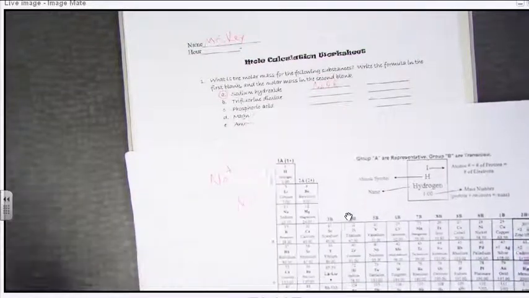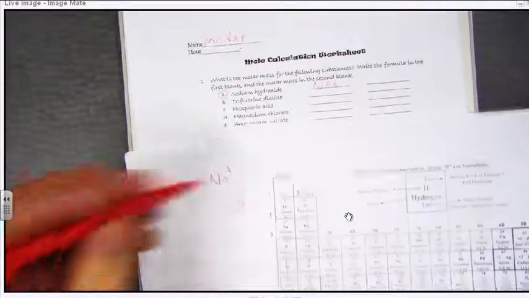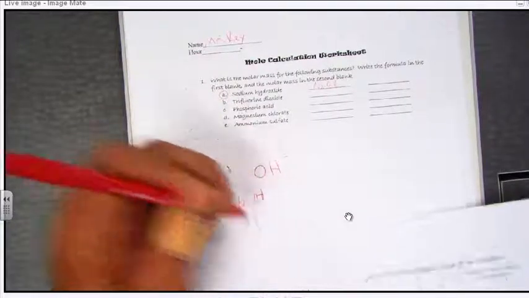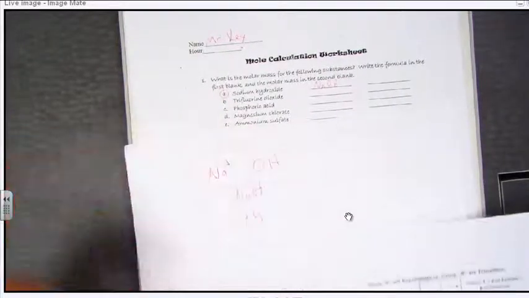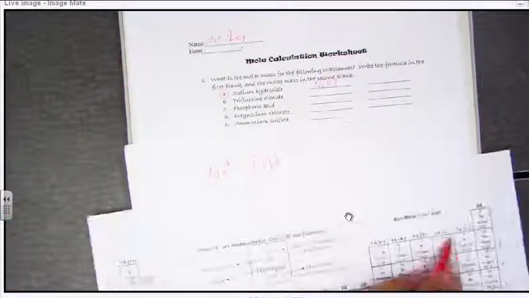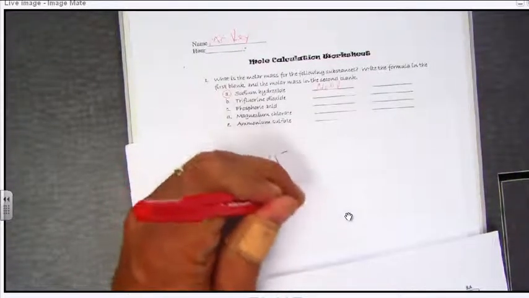The next thing I need to know is the molar mass. I need to know what 1 mole of sodium hydroxide mass would be in grams. Check the chart. Sodium has a mass of 23 grams. Oxygen has a mass of 16 grams.